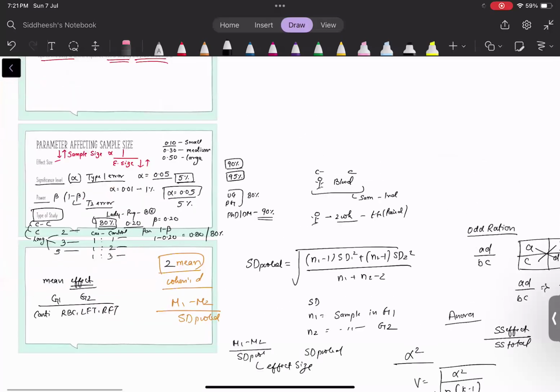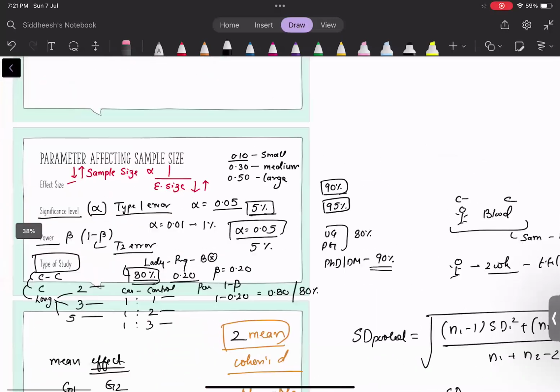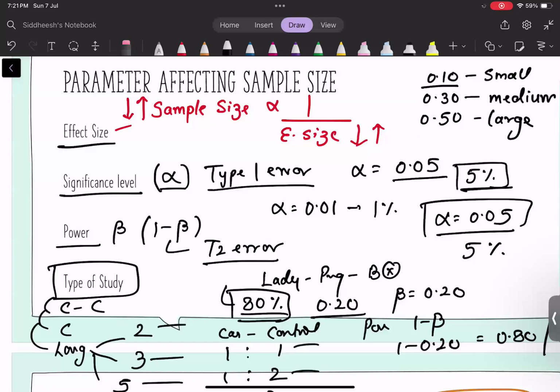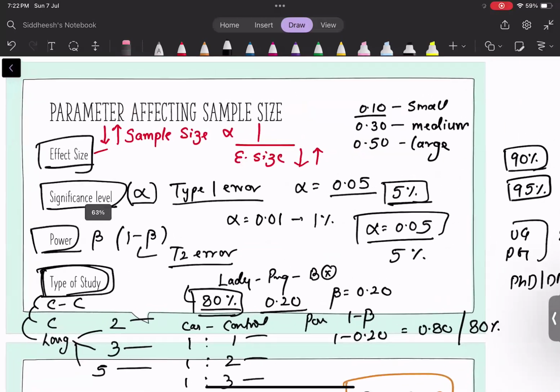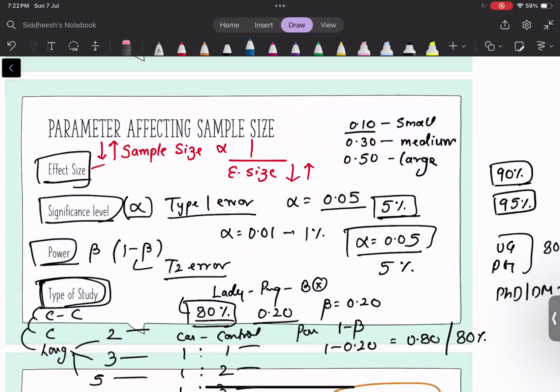But for now, you should be focusing only on the effect size, how to find it, what the role is, the significance level, power, and the type of study. Remember one simple thing: the effect size will change as per whatever effect size we are getting. Significance level, try to maintain at 0.05. Correct. What about the power? Maintain at 80%.